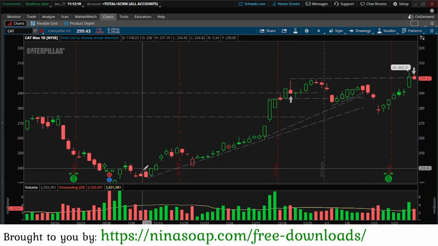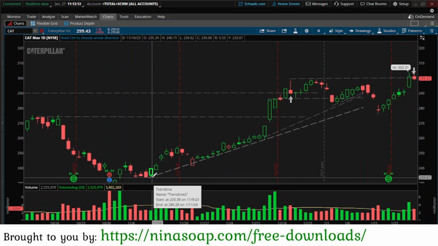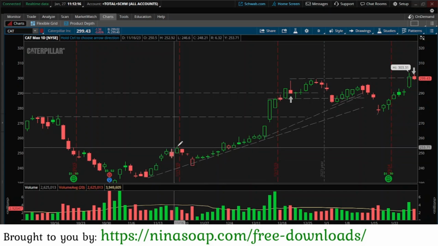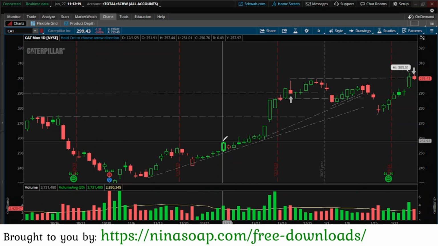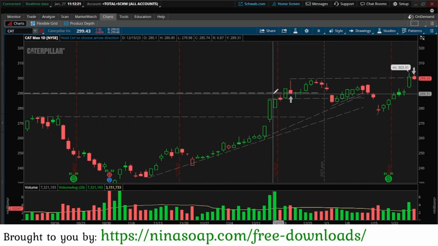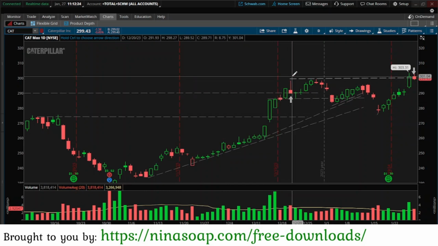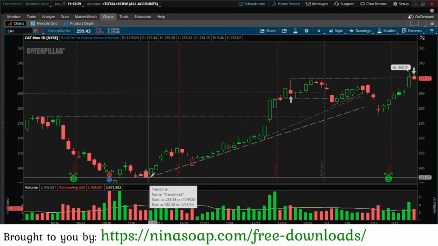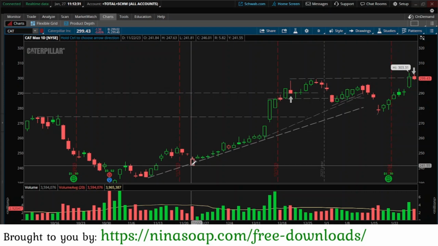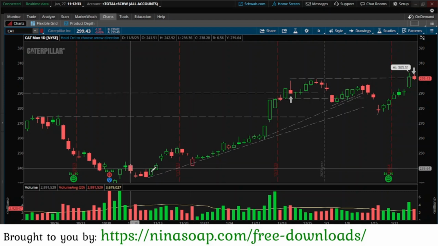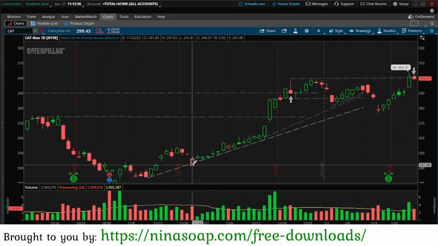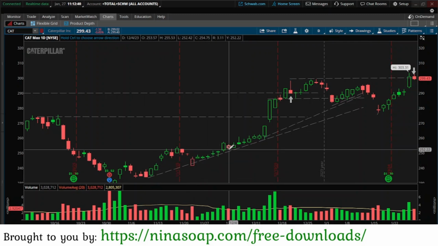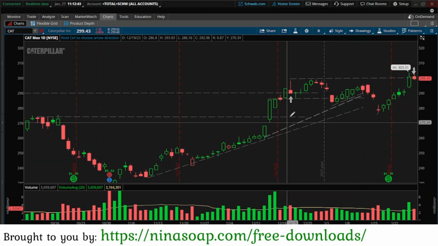That's when I start noticing the higher highs, the higher highs, the higher highs. Each peak is higher than the previous one, and each low is a higher low. You have to find the horizontal bar when I'm moving the mouse. That is higher than the previous low, and this one is higher than the previous low, and so forth.